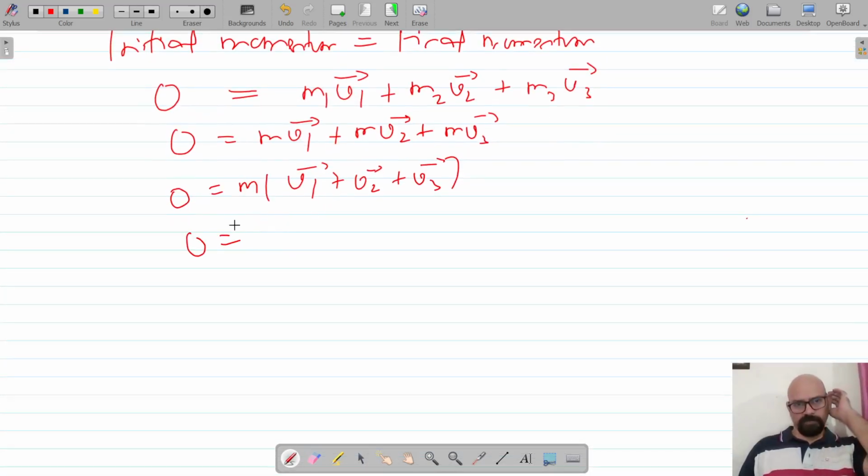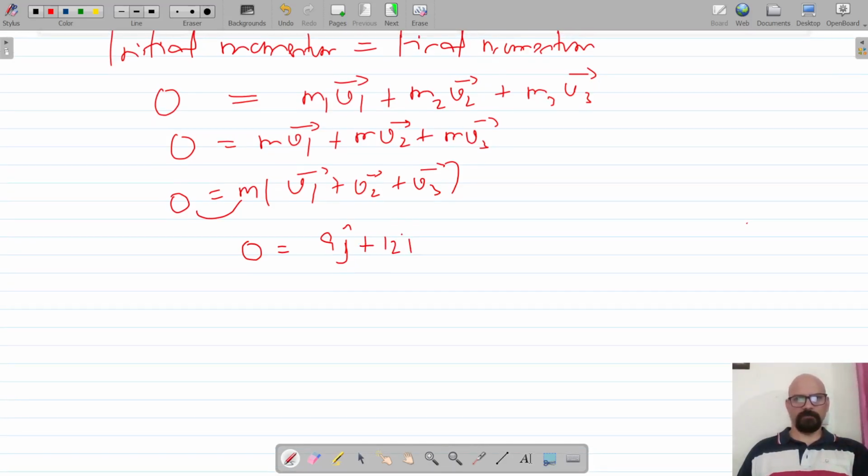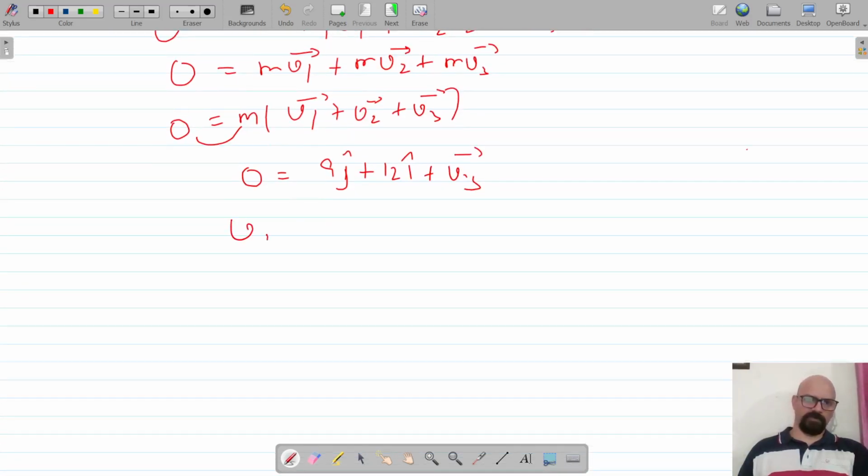Now let's put in their values. So m will go to this side, so this is now 0. Velocity vector 1 is 9 j cap and this is 12 i cap plus v3 vector. So v3 vector is equal to negative 12 i cap minus 9 j cap.